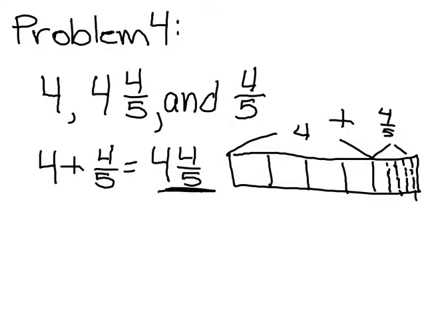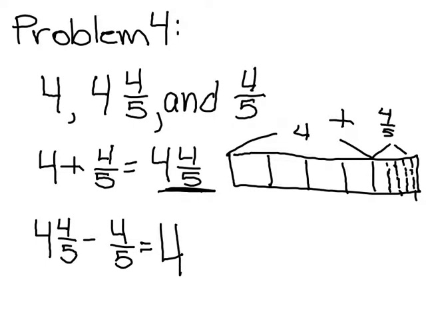The other relationship we can show between these is 4 and 4/5 minus 4/5 equals 4. Again, we've used their numbers. If we use the same tape diagram up here, what we have is 4 and 4/5. We've taken away these 4/5, and we end up with just a total of 4, as we have here.